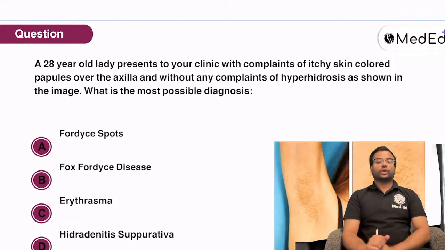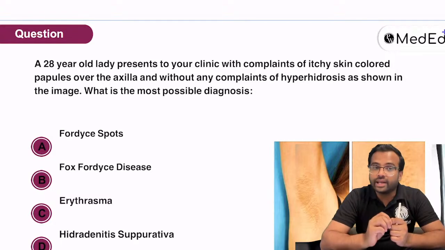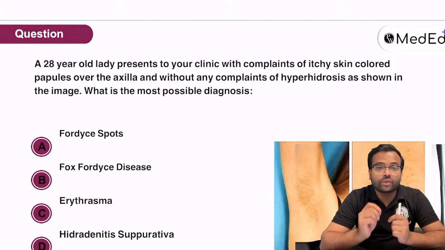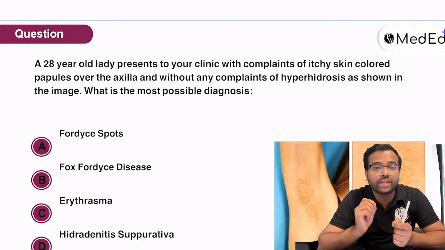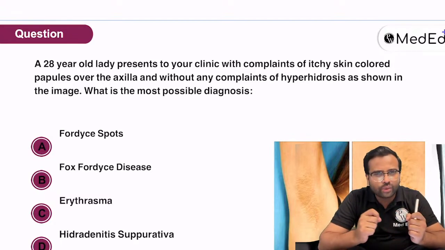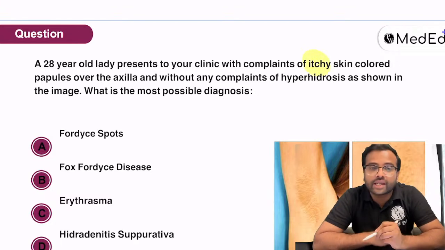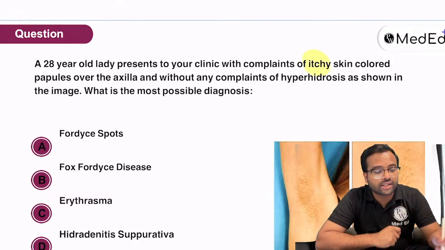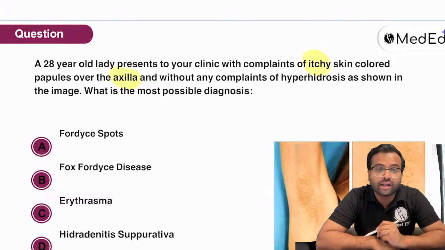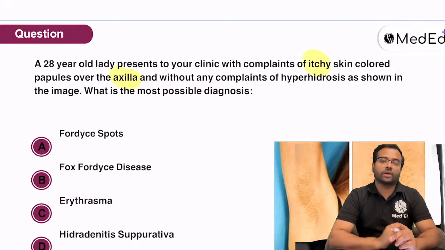Chalo. So in this one, you can see that there is a 28-year-old lady. She presents to your clinic with complaints of an itchy skin-colored papule over the axilla. It's a slightly lengthy question, but there are multiple clues here. There is an itchy skin disease, and this skin disease is seen over the axilla, and she does not have any complaints of hyperhidrosis.